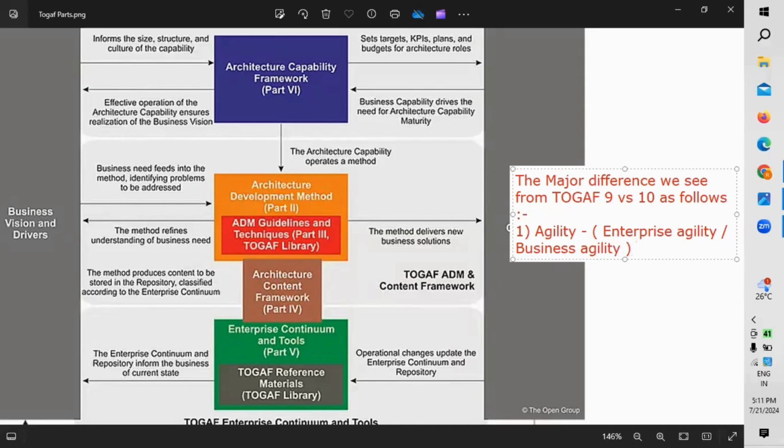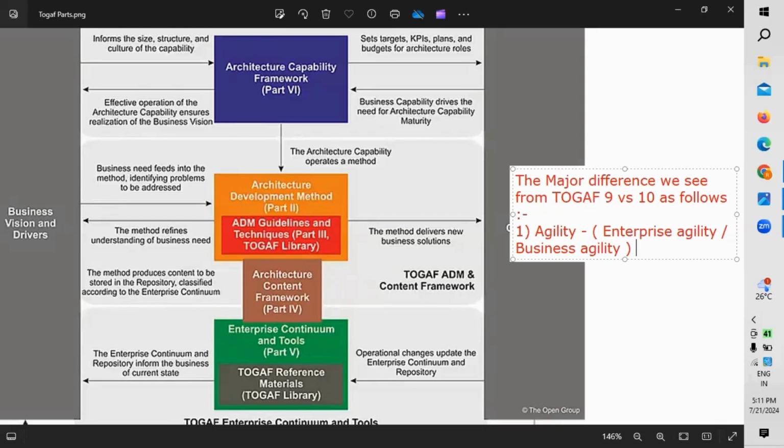I don't want to deviate. So in agility, there will be two different things: enterprise agility and business agility. Especially whenever we are implementing the scaled agile framework at the organization level, across departments in the organization, to make our business decisions more effective and accurate.